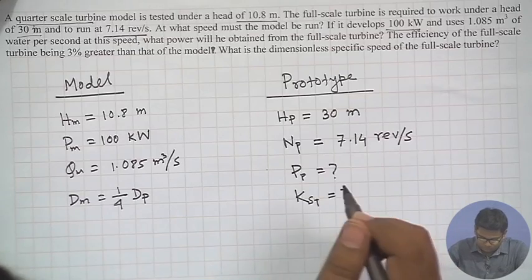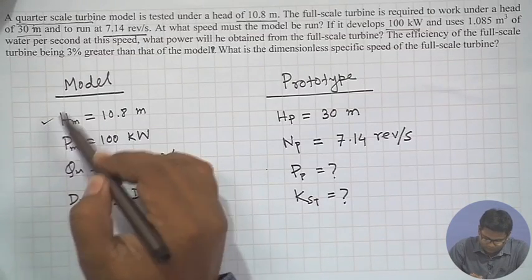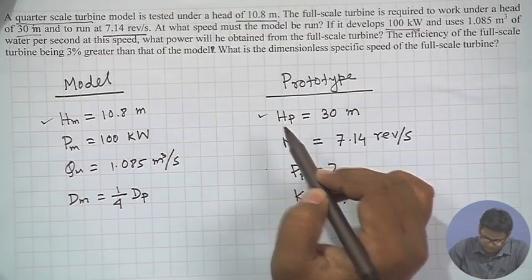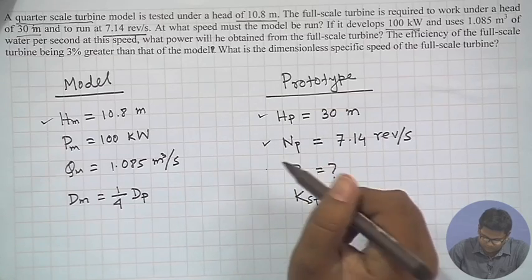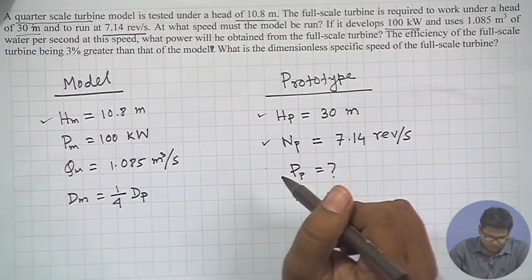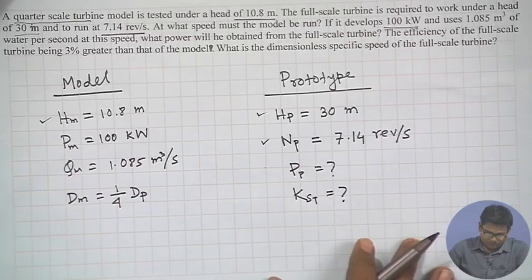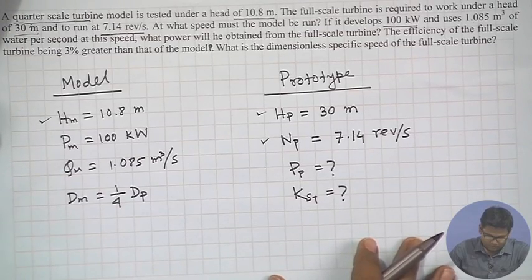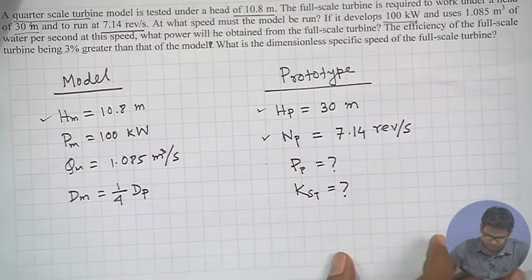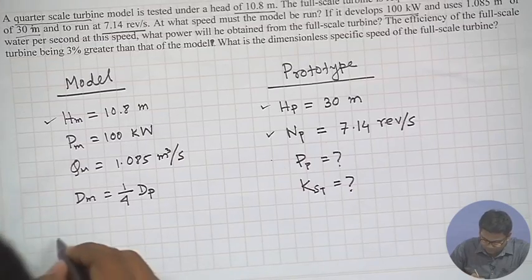Now as the head for the model and prototype and speed of the prototype are given, we can easily obtain the speed of the model by using the equality of head coefficient.